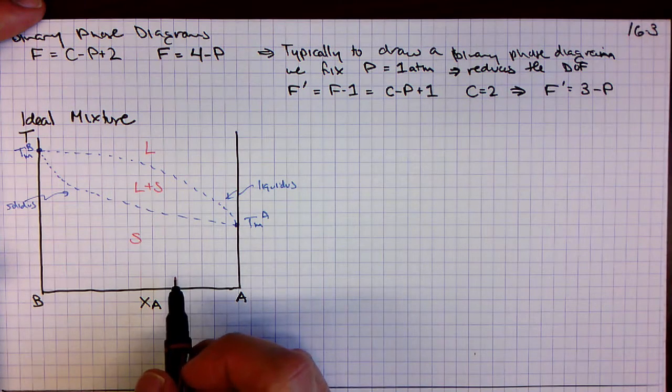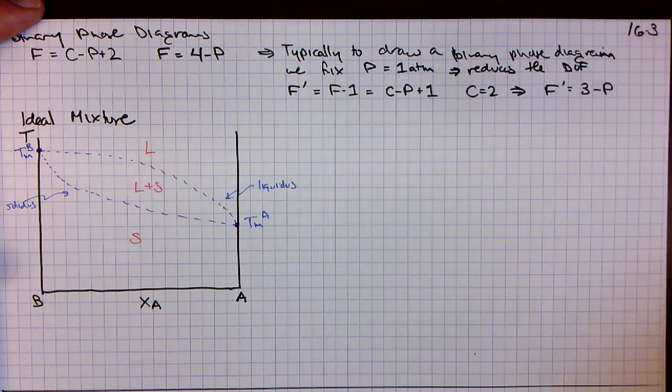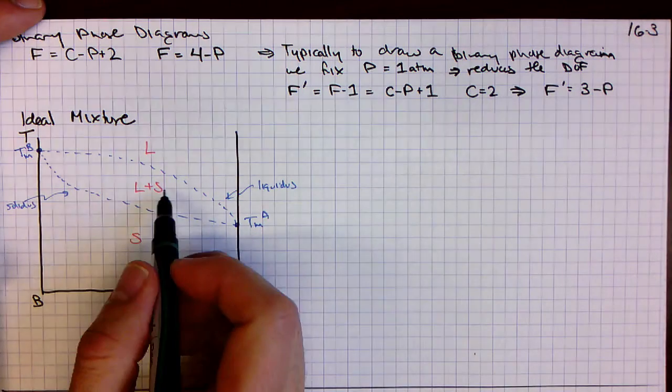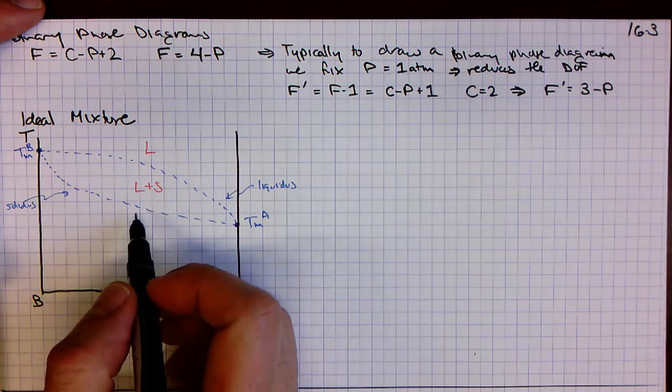And one thing to review, most of you have probably seen this before, if you want to determine the composition of the 2 phases present in the liquid plus solid part of the phase diagram, it's possible to use the lever rule.